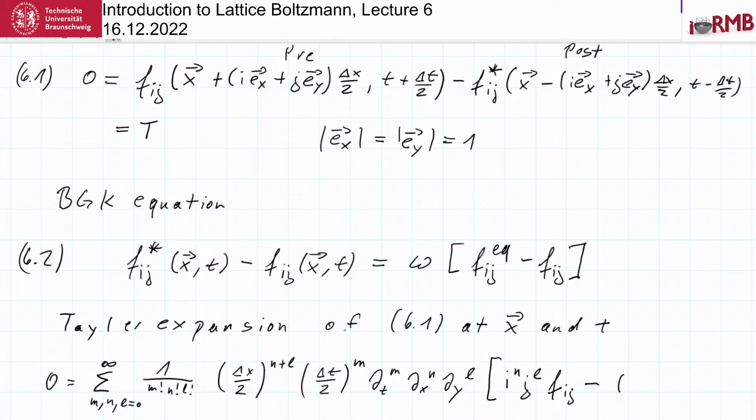They come with minus i, which goes to the power of n, minus j, which goes by the power of L, and what we must not forget is that there's also the thing in t, which comes without i or j, just minus 1 by the power of m, and this goes into f_ij asterisk.